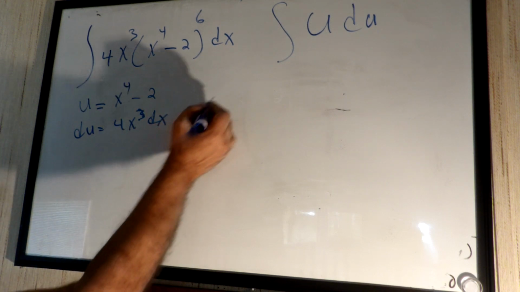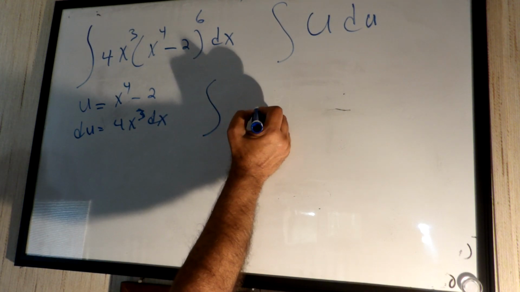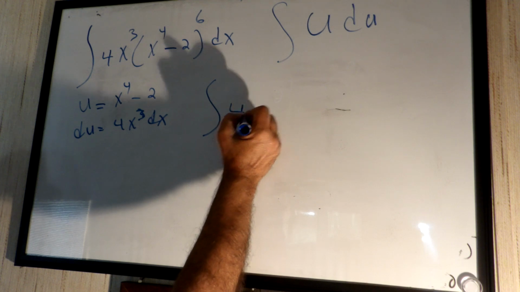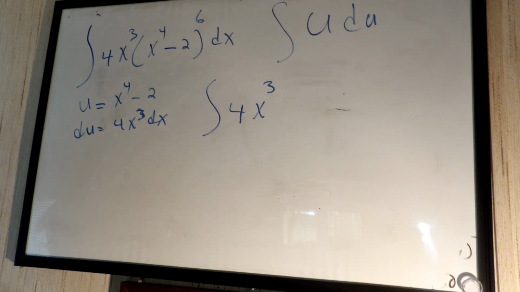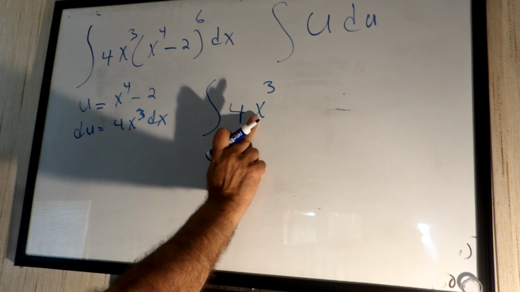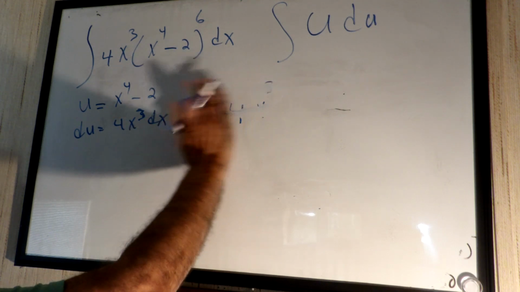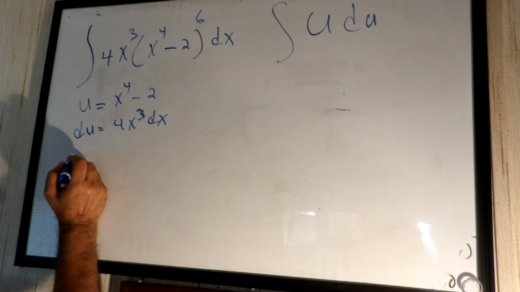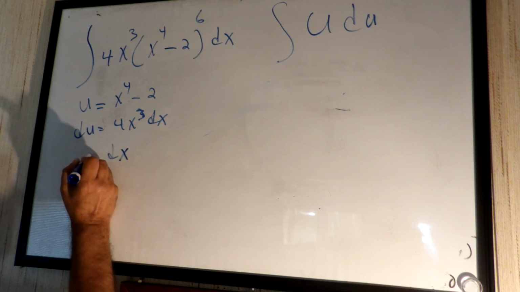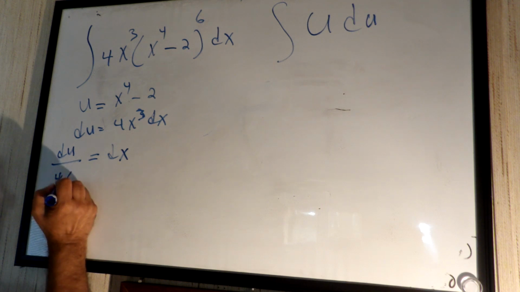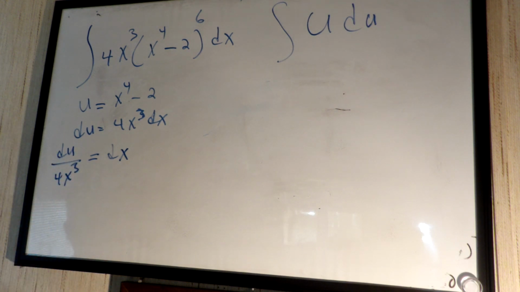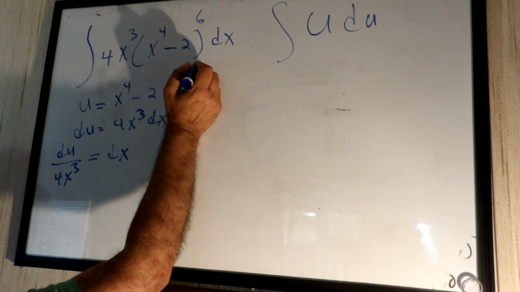So what is going to be? It's going to be 4x^3. Before this we are gonna have something dx only on this side and du for the 4x^3 on the other side. Okay, now we use this here.